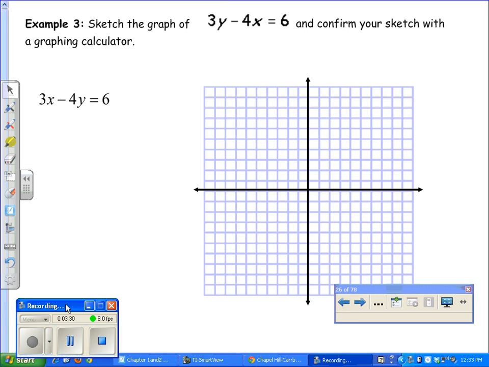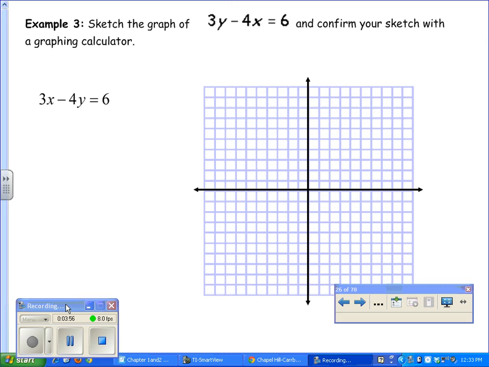Okay, here we're going to sketch the graph of this equation and confirm that sketch with a calculator. So if you're going to sketch the graph of an equation, you can start out with the equation as it is, but most of you probably like to go ahead and get this in slope-intercept form, which is fine. Or you can plug in zeros and find the x and y intercepts. So there's several different methods, but since we're going to graph it in the calculator, let's go ahead and solve for y.